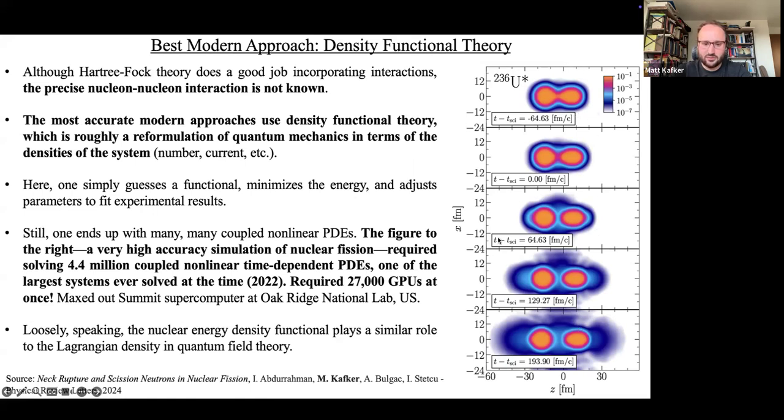And just to give you a sense of the scale of these kinds of problems, this particular simulation here, which is a very accurate simulation of nuclear fission, required solving 4.4 million coupled nonlinear time-dependent PDEs, which was one of the largest simulations ever at the time in 2022, required using more than 27,000 GPUs at once, and it maxed out the biggest supercomputer in the world at the time.